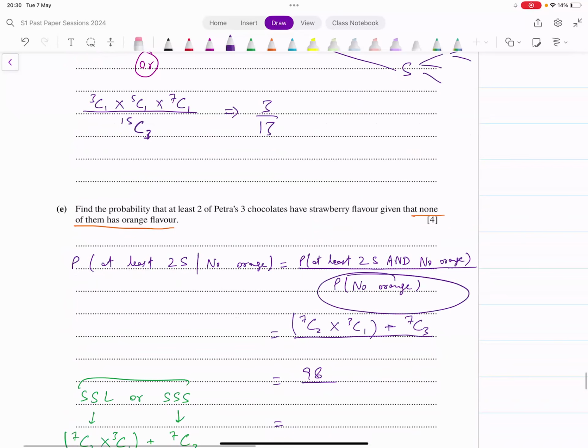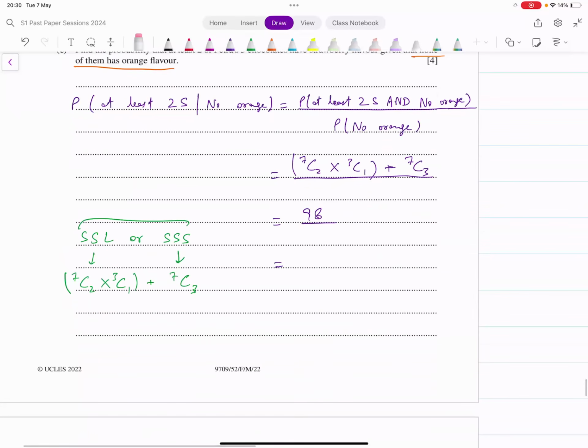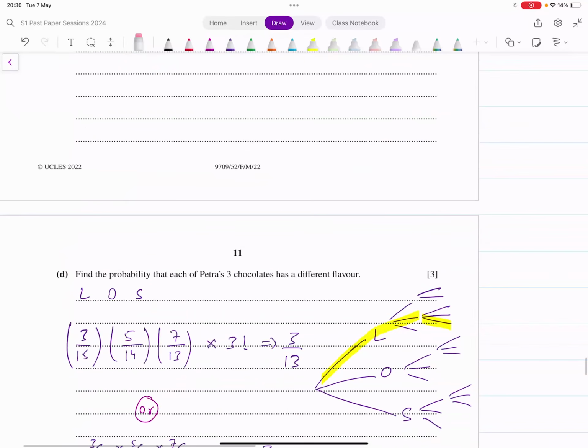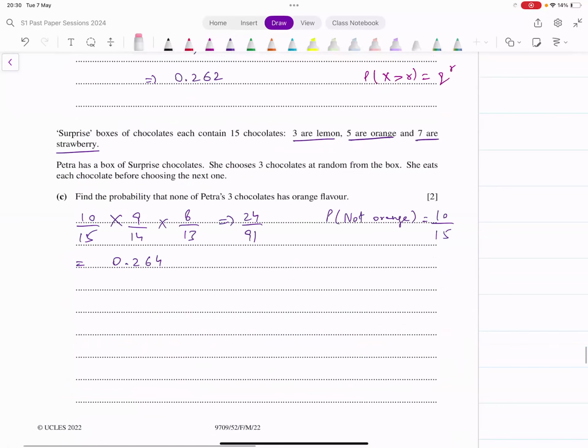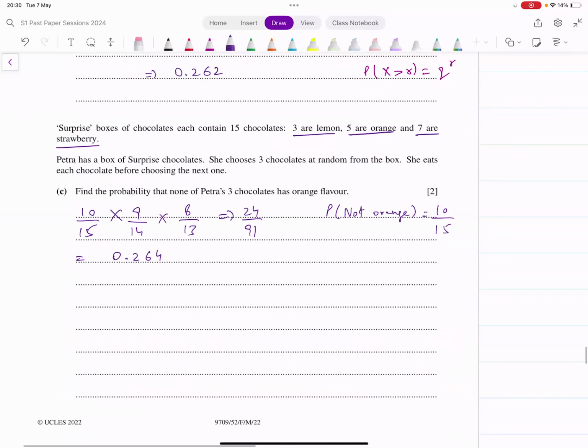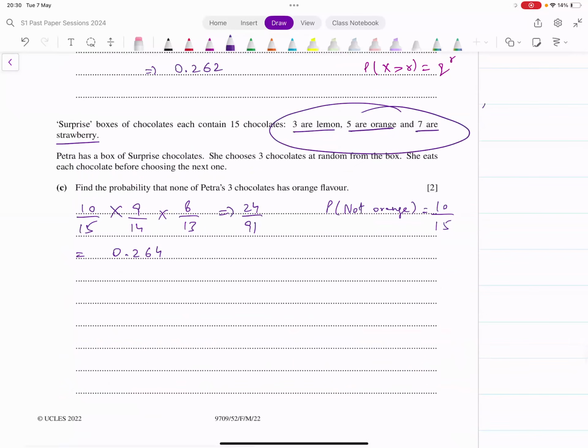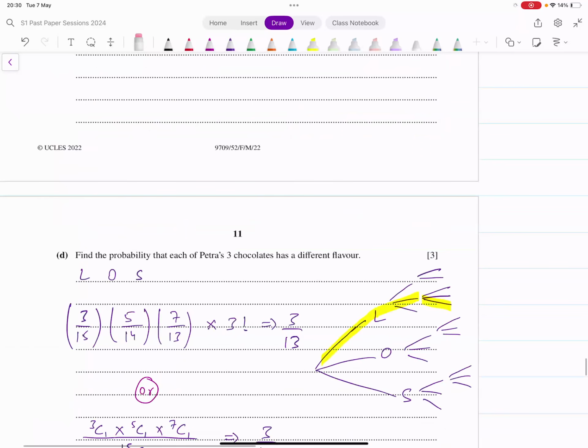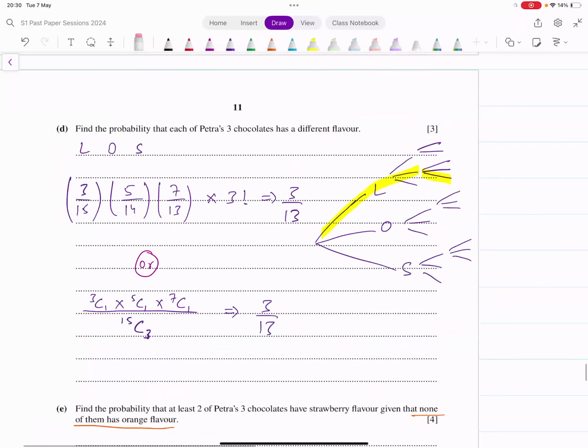In this case, we should be looking at number of combinations for both of them, right? No orange chocolates. When was that possible? There were 15 total chocolates. If we want none of them to be orange, we have 10 chocolates that are not orange. Out of those 10, in the denominator here, we should not have a probability.